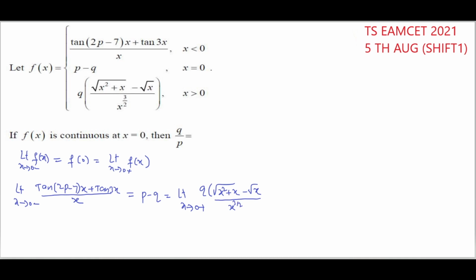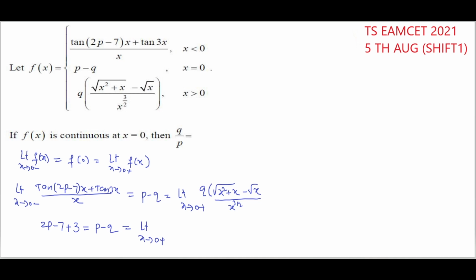So from this, limit x tends to 0 minus, tan of (2p minus 7) into x plus tan 3x by x. Write down the coefficient of x, that is 2p minus 7, plus here tan 3x, that value is 3. That is equal to p minus q, that is equal to limit x tends to 0 plus.